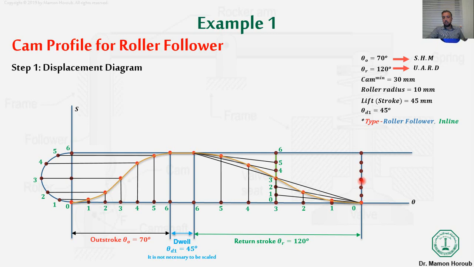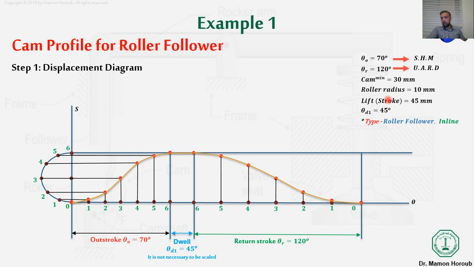Then the second step, we need to move with designing our cam. One last thing before I move on from the displacement diagram: if we just add up those angles, 70 plus 120, which is 190, and then plus 45, which is 235 degrees, but still we have something until 360 degrees. That means we have another dwell here until we reach 360 degrees.